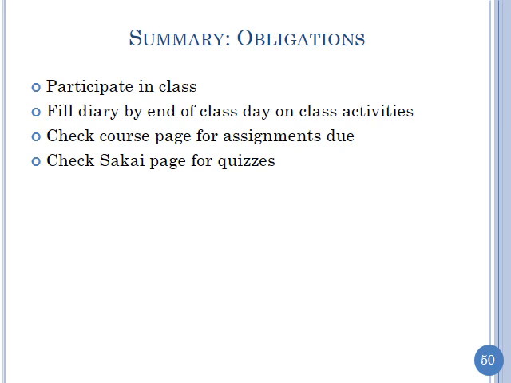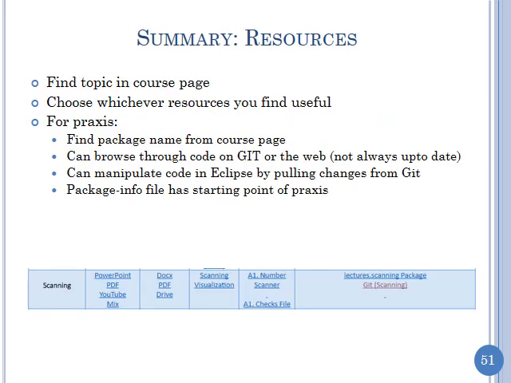So that's your obligation. Your resources are that you go to the page, find the topic, decide what resources you want to use. If you want to use the Praxis, there'll always be a package name and how to get to a package. One student had a little trouble.